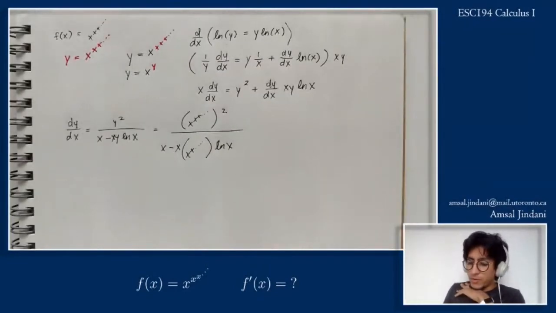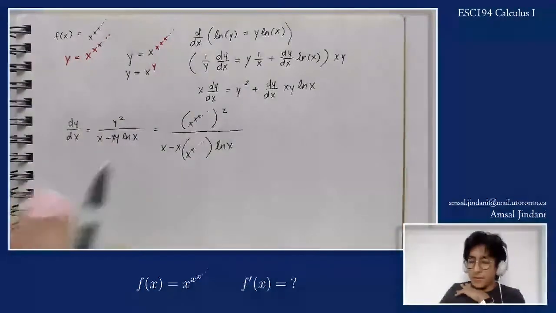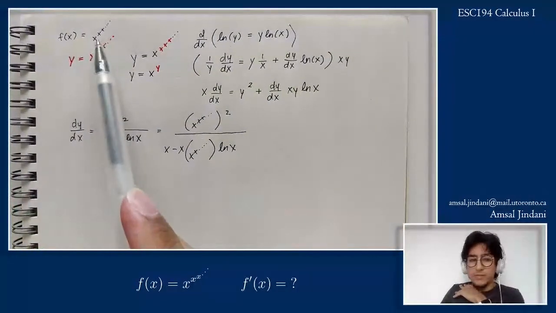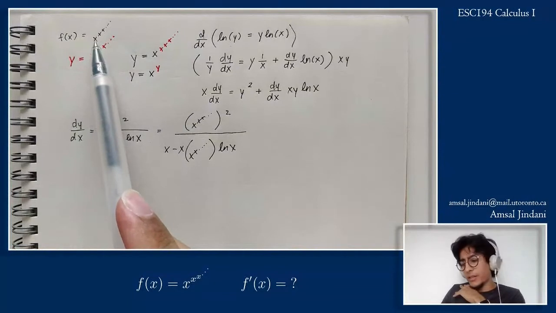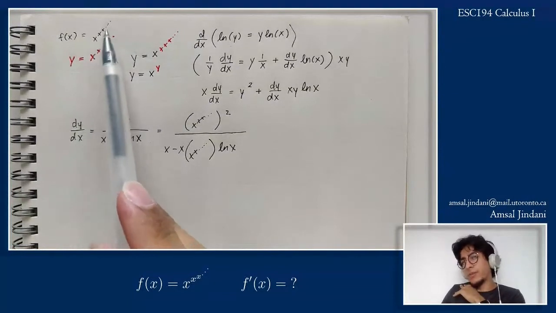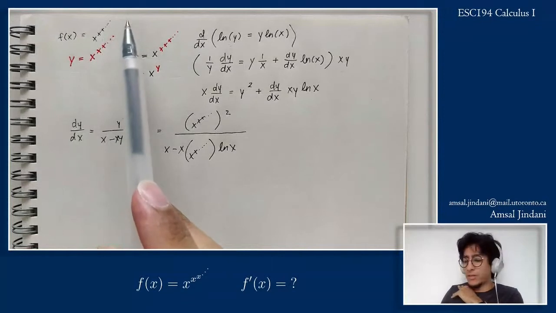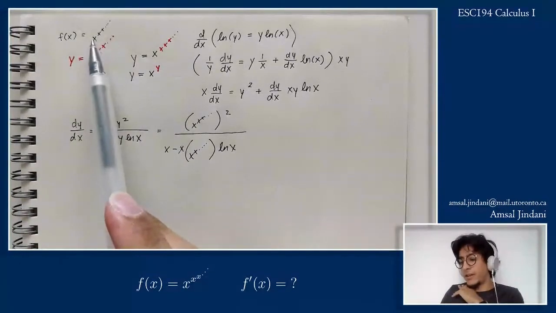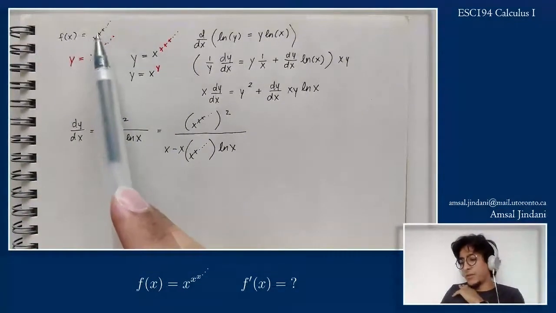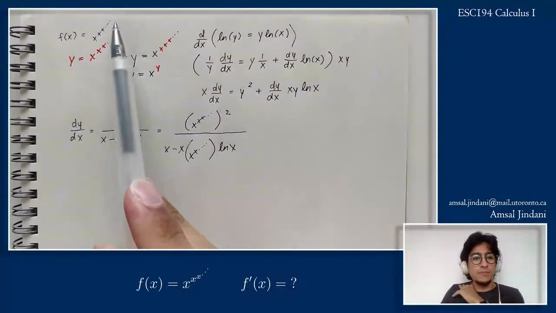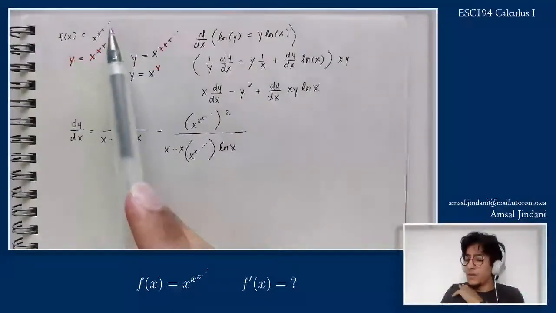Another follow-up question would be, for what values of x does this function actually converge? For example, if I plug in a value of 1, I have 1 to the power 1 to the power 1. Okay, that's probably going to converge to 1. But if I plug in, let's say, x equals 2, I have 2 to the power 2 to the power 2, and so on. That's probably going to go off to infinity.